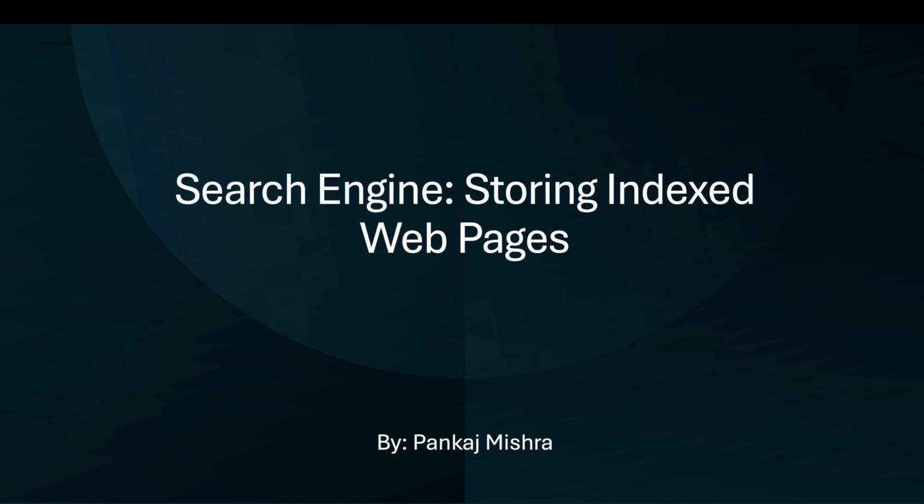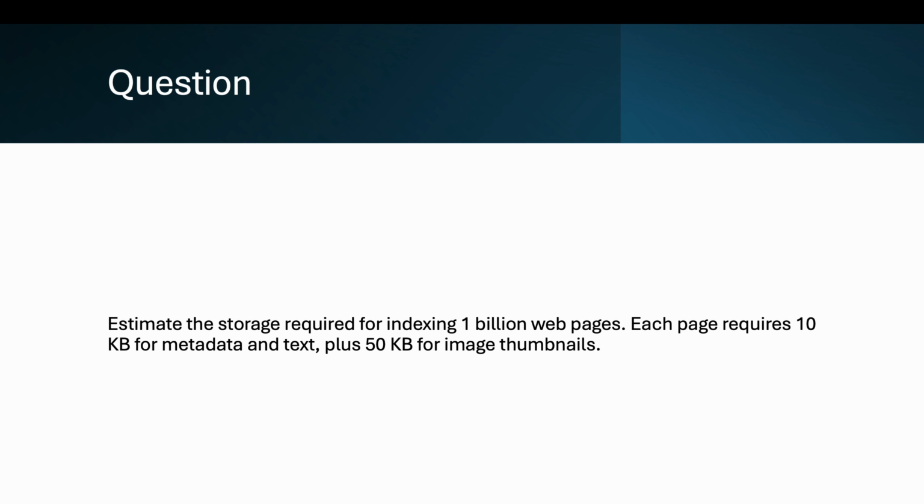Coming back to the question, we are talking about data estimates for storing indexed web pages. Estimate the storage required for indexing 1 billion web pages. Each page requires 10 kilobytes for metadata and text, plus 50 kilobytes for image thumbnails.